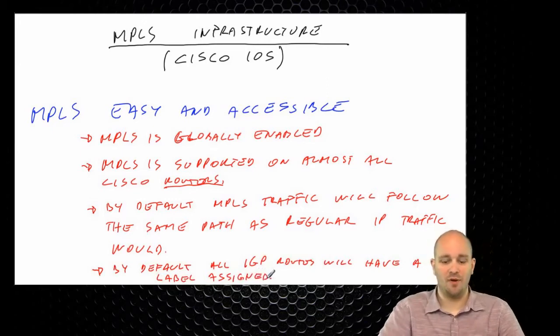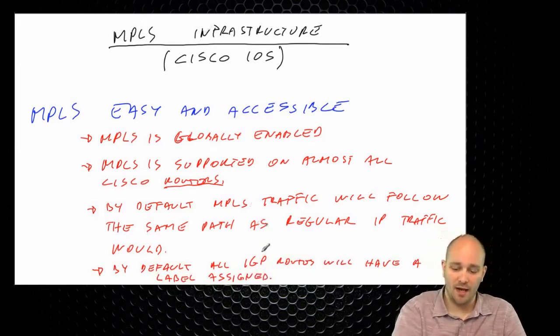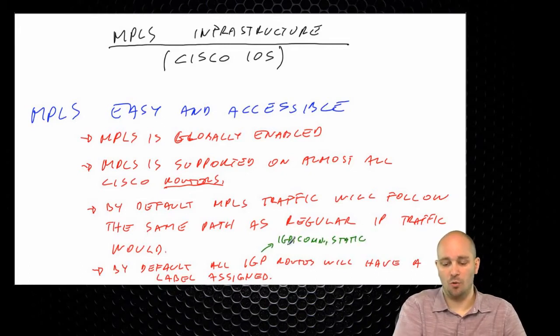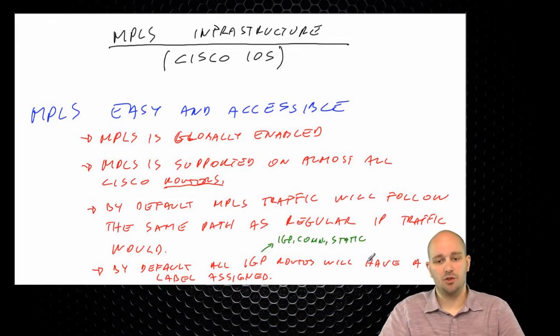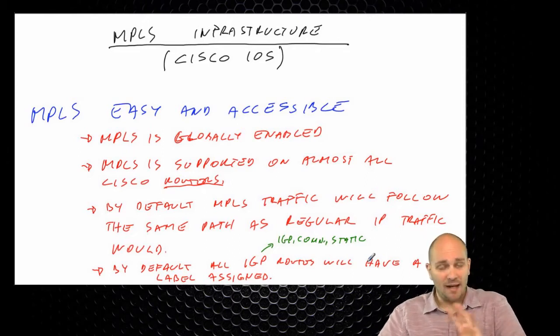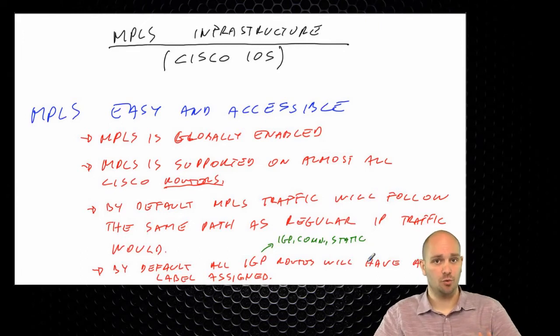So all IGP routes, and I should clarify here that by IGP, I actually mean IGP routes, connected routes, and static routes. So all these routes from these sources will actually have a label assigned by default, so you don't actually have to do anything.